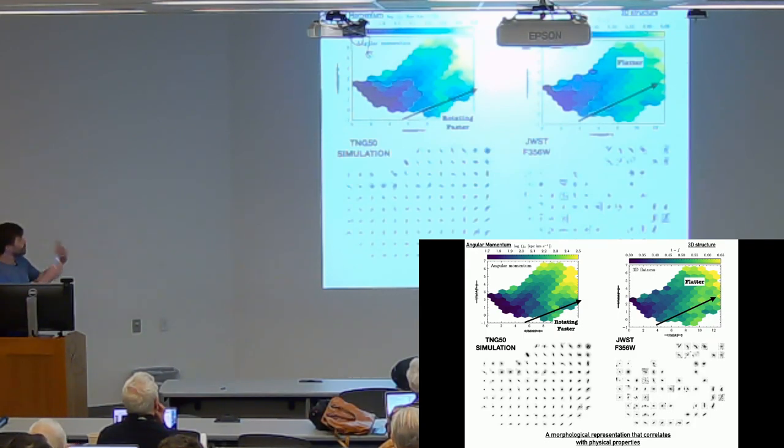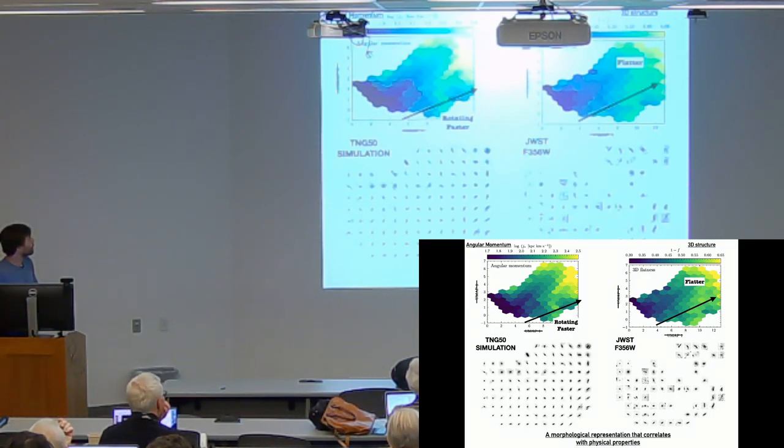So now that you have learned this mapping, you can just throw observations into this manifold. If you throw in JWST galaxies here and look where they lie, you can try to infer more or less the physical properties of these systems based on the image. Of course, with lots of caveats, calibrated on the simulation.